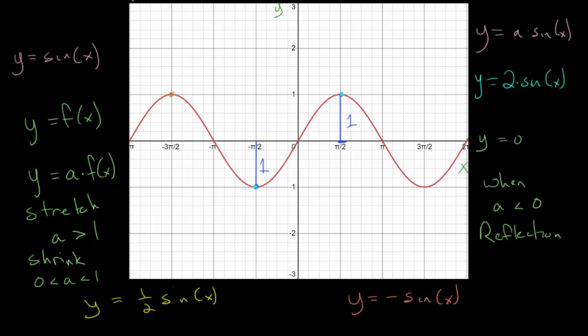Essentially, every y value will now be the opposite of what it used to be. This y value will now be at positive 1. So it will become a mirror image across that midline value. And again, I'm not drawing this perfectly, but this is just to get a general idea of what this graph will look like. So now let's take a look at what actually happens when we have a computer draw this.